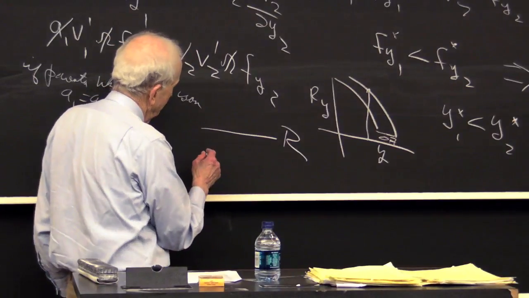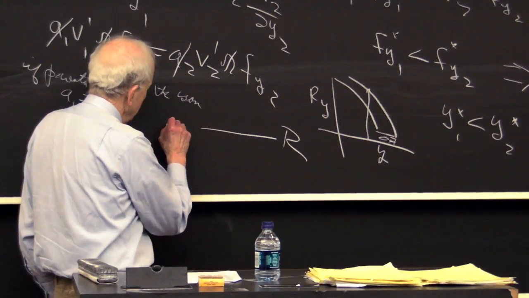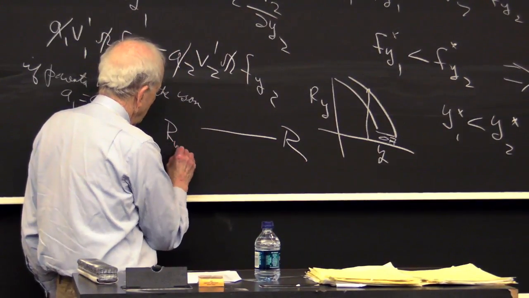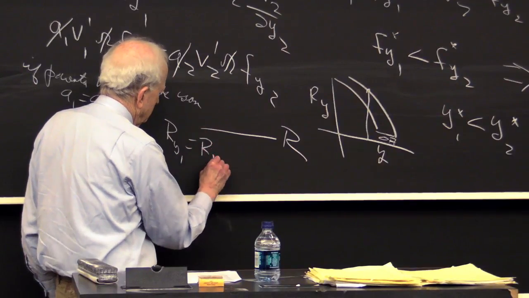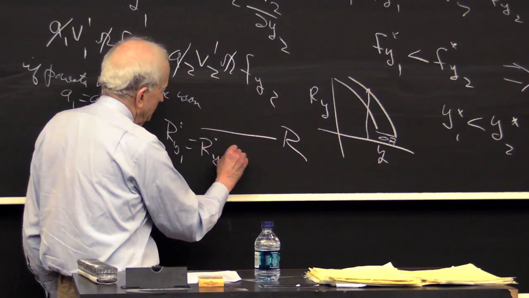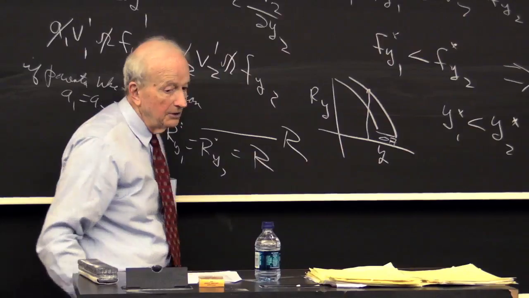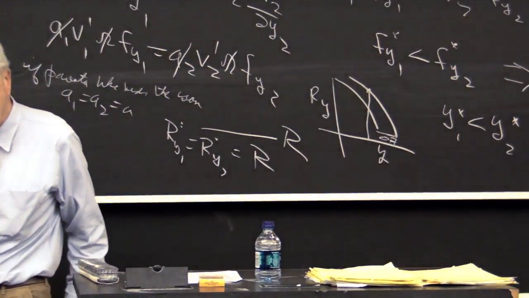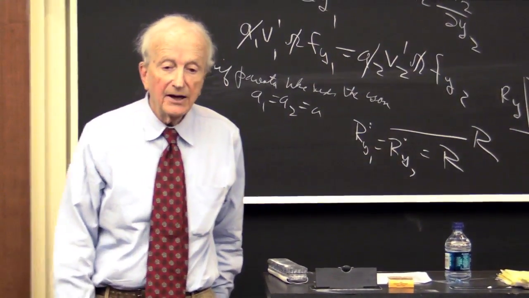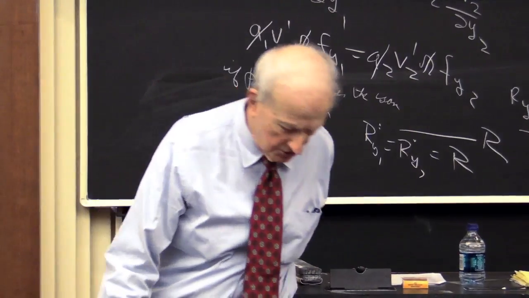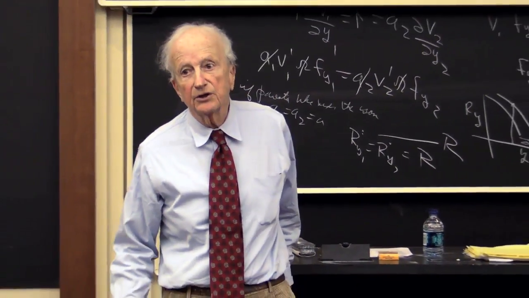Knowing that, for each kid, you simply say R y1 is equal to R y2 in equilibrium is equal to R. You don't have to solve this utility problem for that part of the problem. The perfect capital market separates out the efficiency issue from the utility issue.